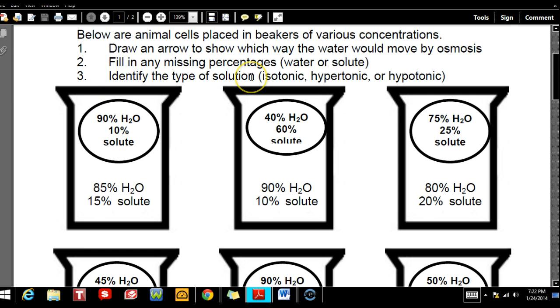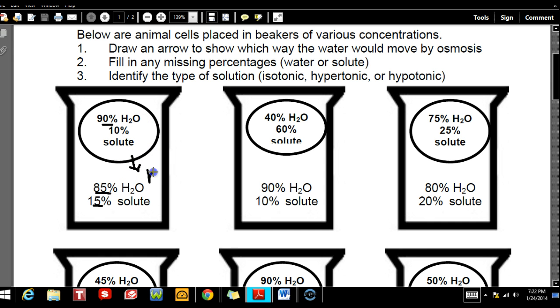This wants you to identify the solution that the cell is actually sitting in. Since the water is moving outward, we look here, and we have more solutes than we do water in comparison to this solution.